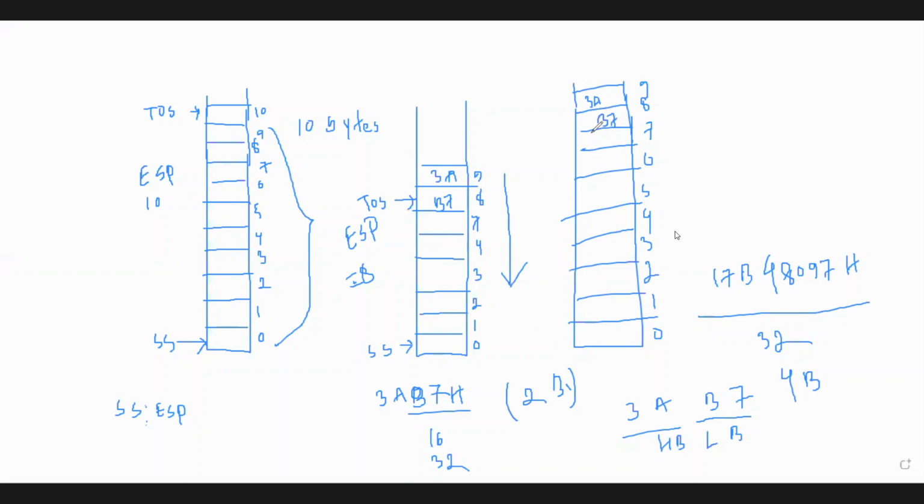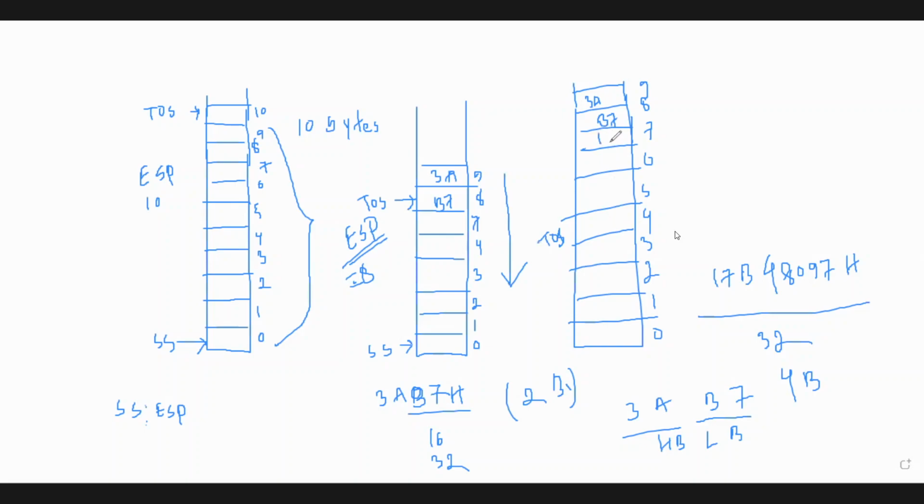After this insertion, B7 was the topmost element with memory address 7. But now, when we want to insert a new element, the value of extended stack pointer will be decremented by 4. So 8 minus 4 equals 4. That means it will be the newest topmost element. Now, after this insertion, this is our topmost data element.